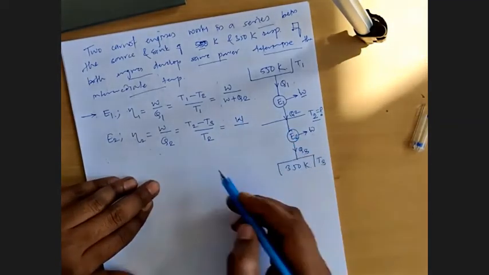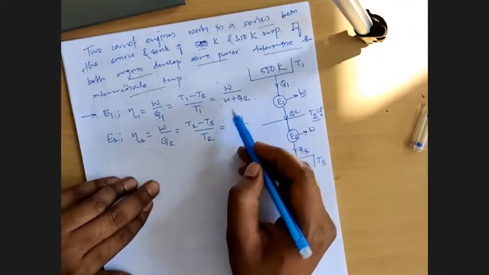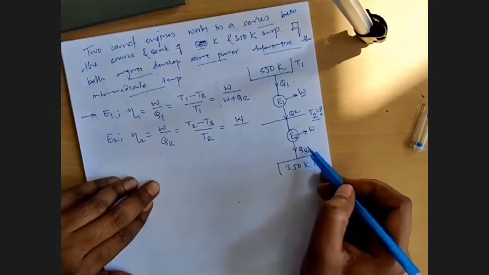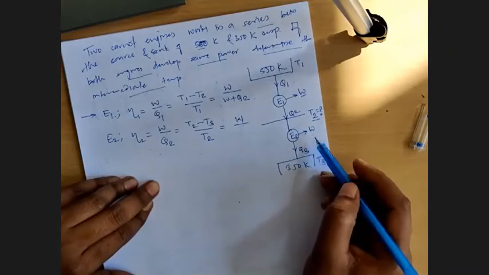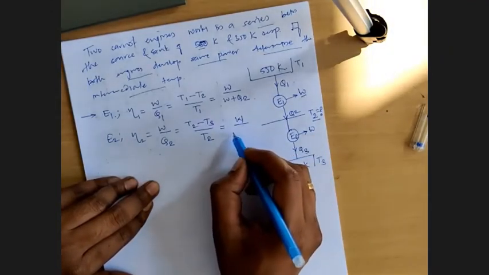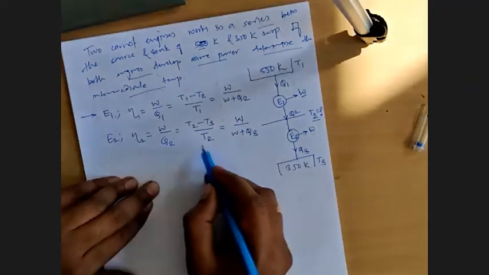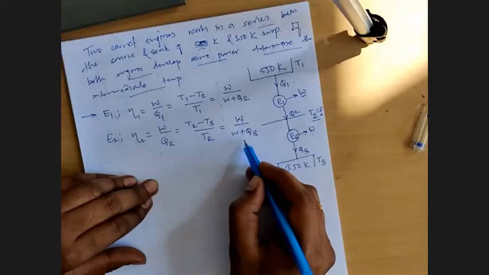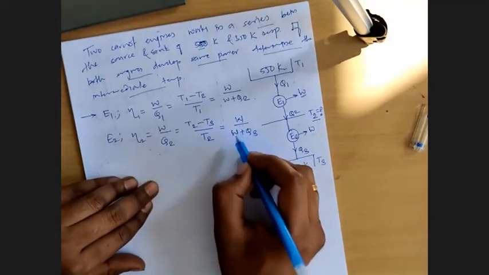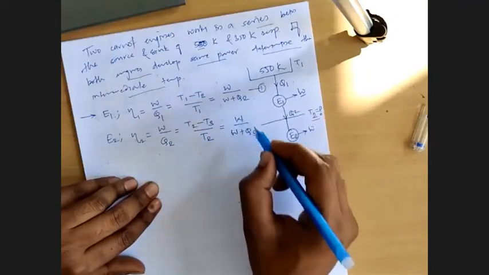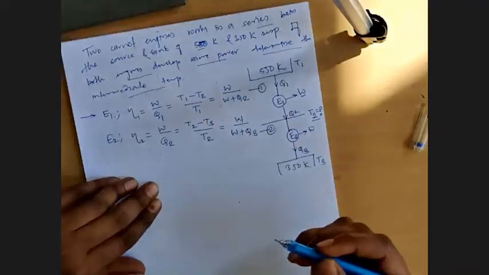W by, again just like this one, this Q2 is entering and Q3 and W are leaving. So I can replace this with W plus Q3. This Q2 is equal to W plus Q3. Okay. So this is equation 1. This is equation 2.